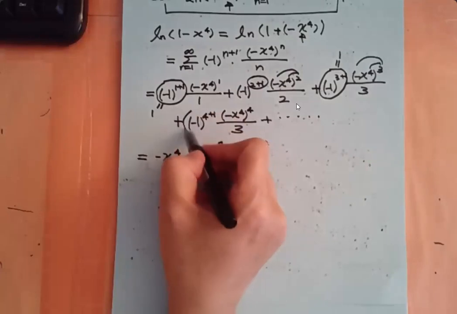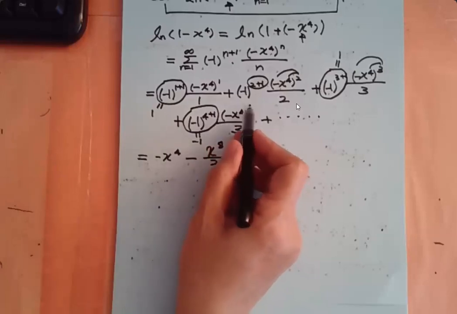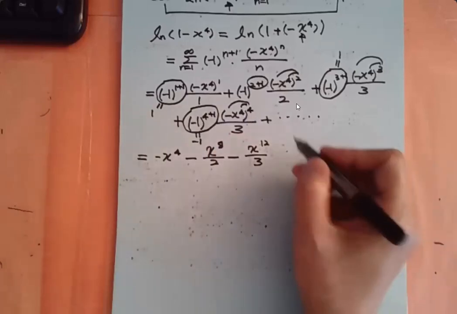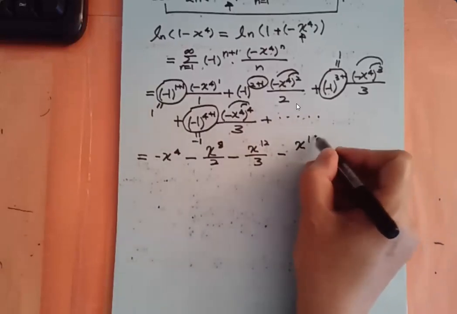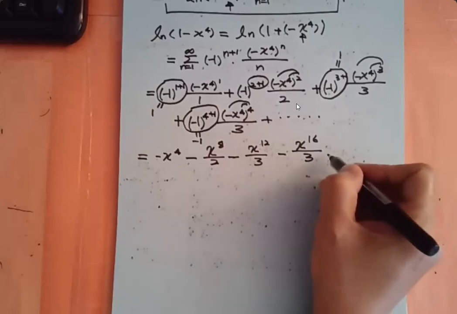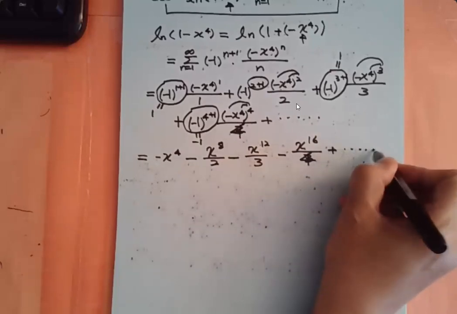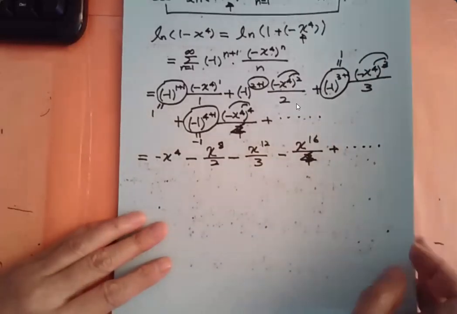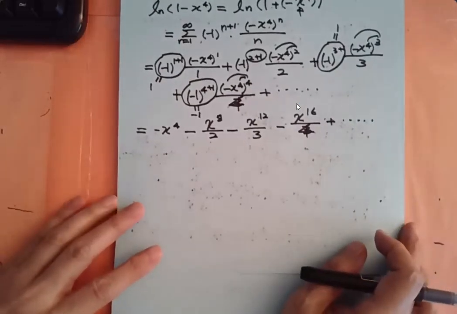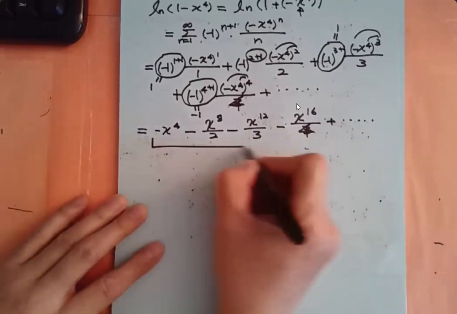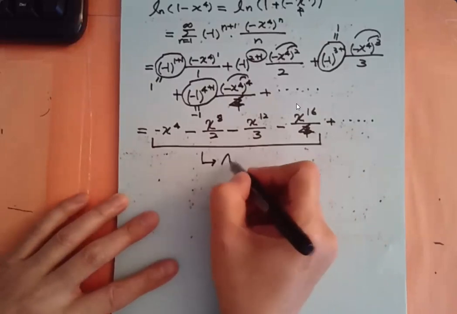Then this part will be negative 1 because this is odd degree power. And then you distribute the power, and then negative 1 to the 4th power is 1. So x to the 16th power over 4. And so on, right? So the answer about the first 4 terms is this one.